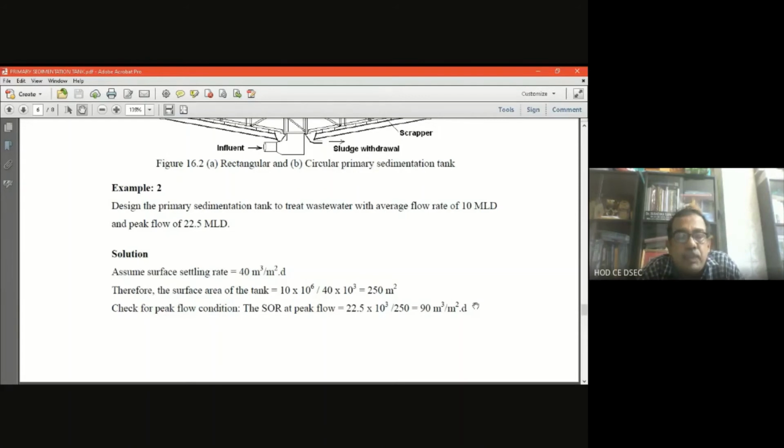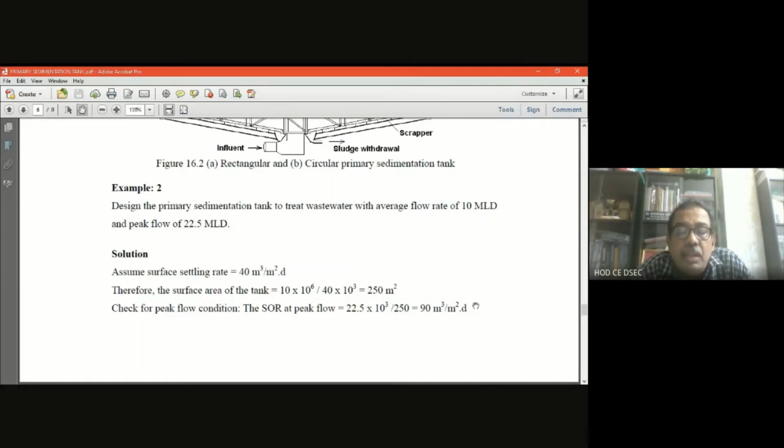The flow is 10,000 meter cube per day, because 10 million liter per day means 10 into 10 to the power 6 liters, divided by 10 to the power 3, converting to meter cube per day. So that is 10 to the power 4 meter cube per day.